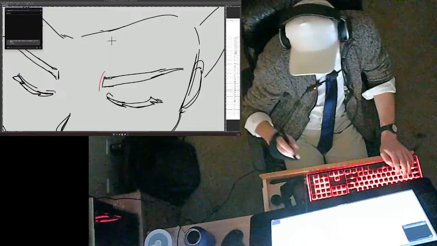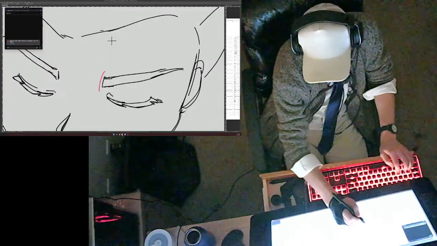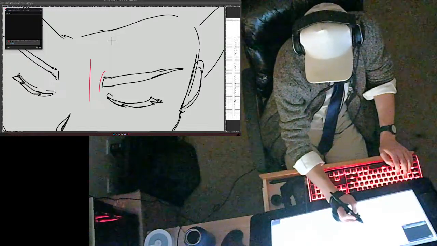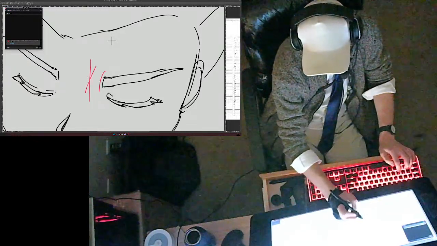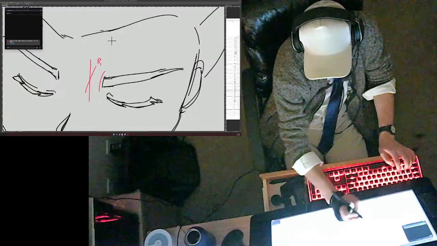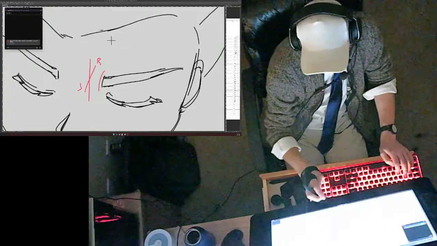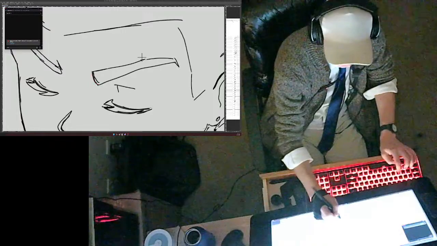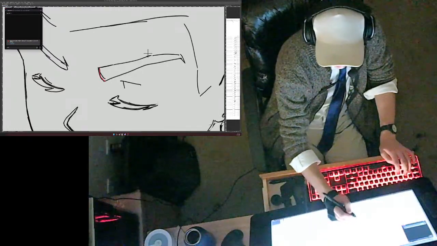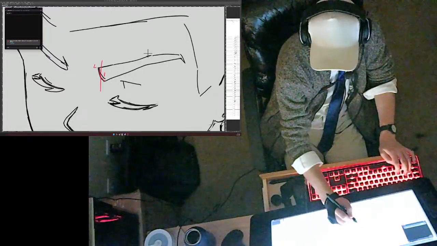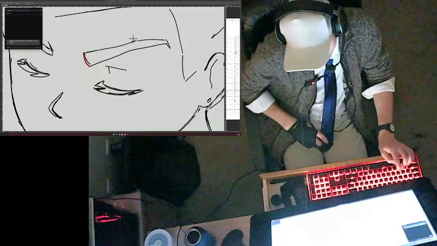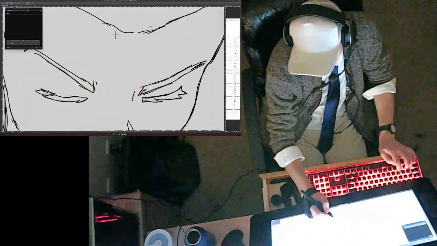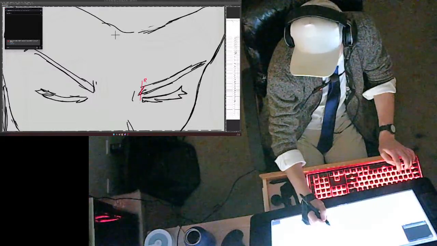But the really important part is that in a vertical line, this curve is crossing from the right side of the line to the left side of the line. And the reason that's important is because on this rhythm, in the next frame, it's crossing from the left side to the right side, if that makes sense. And in the rhythm before it, it is crossing from the right side to the left side.